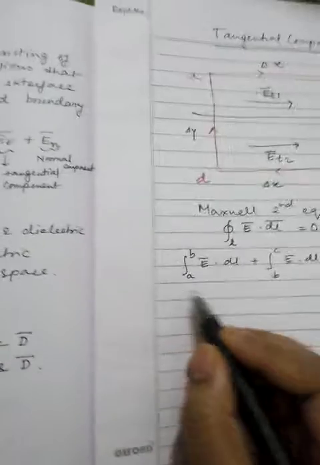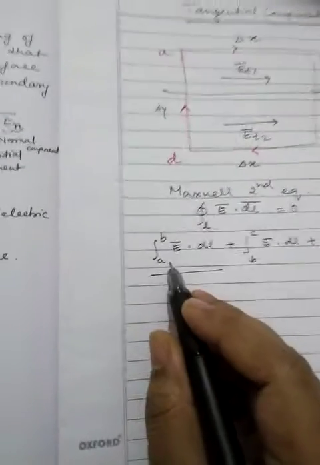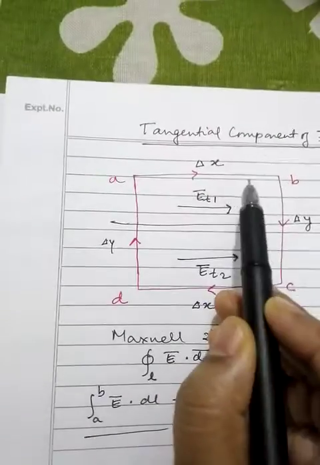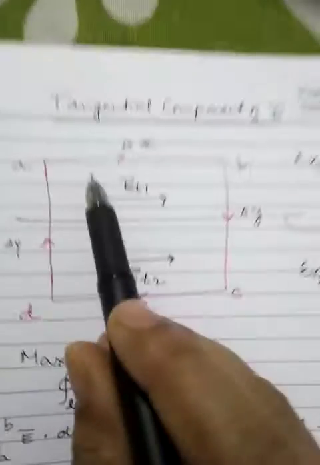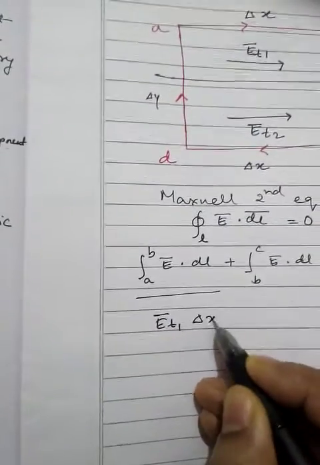Now from A to B, as we can see, it is ET1, so I can write ET1 into dl. Here dl is del x, so I can write ET1 del x.